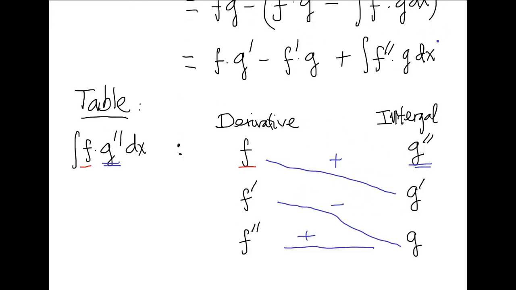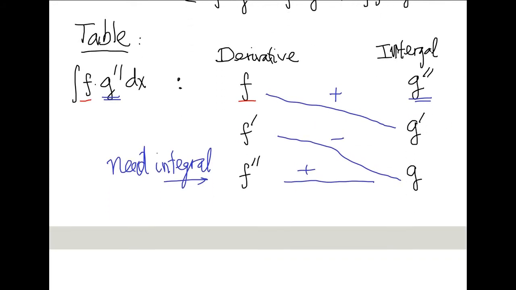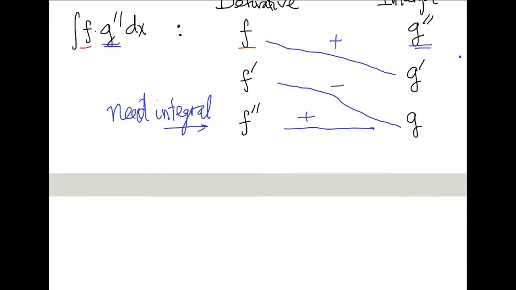But keep in mind that for the last part, for the last horizontal, we need the integral here. It's important. This integral is for the horizontal product, but for the diagonal product, we don't need any integral.